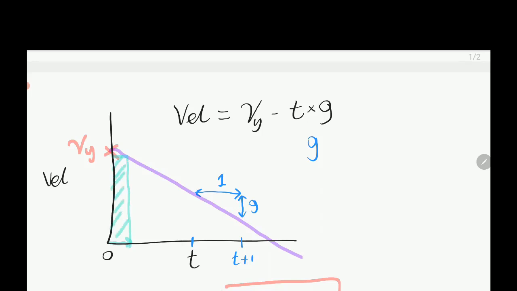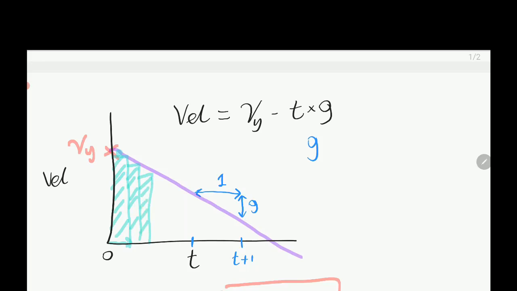That's going to be a little amount of time multiplied by this sort of average velocity at that time, and that's going to give us a certain amount of displacement, which is how far this particle moves in that small amount of time. So if we suppose that our particle starts at height 0, and this is a plot of its velocity, then initially its height's going to be increasing as we keep adding these little bits of area.